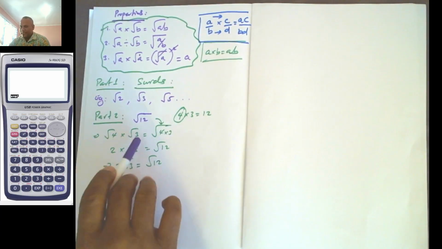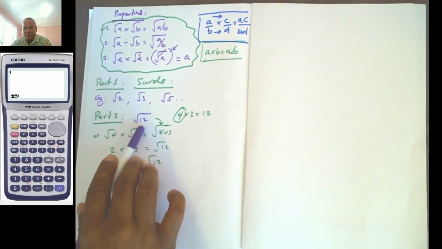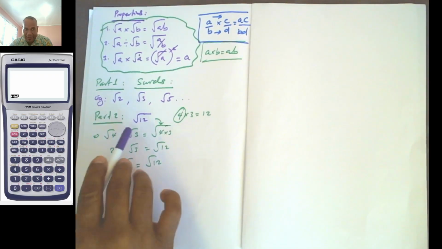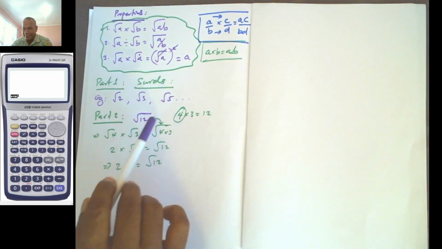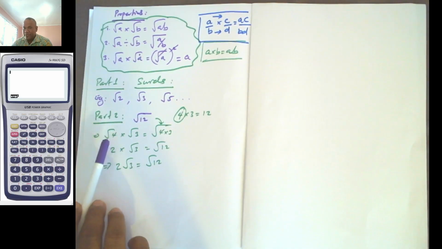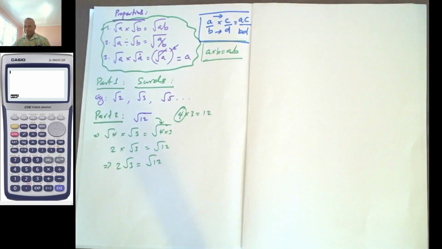These are mostly exam-type questions where they ask us to simplify surds, and whenever we simplify we need to first look for a square number inside that particular surd. In our case it is 12, and the square number inside 12 is 4. So when we take the square root of 4, it gives us a whole number.